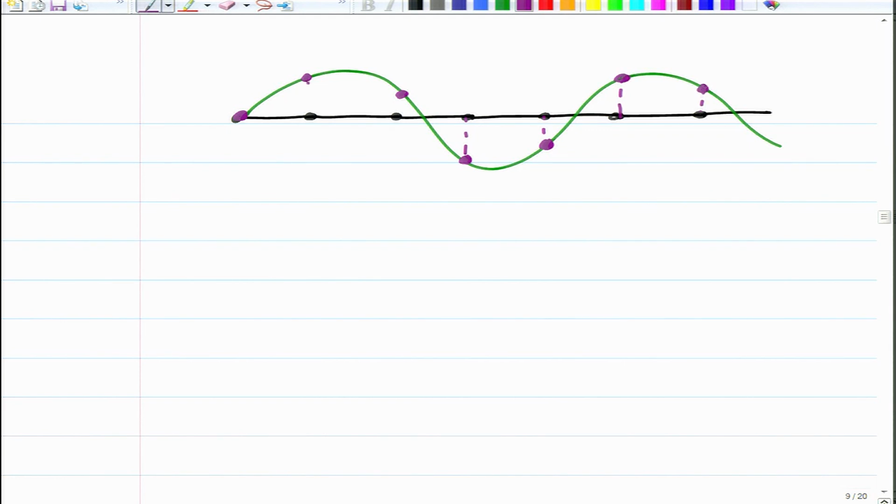What will happen if I take a k prime which is 2 pi over a plus k? So, let us analyze it a little. When I take a k, the relevant lambda is 2 pi over k.